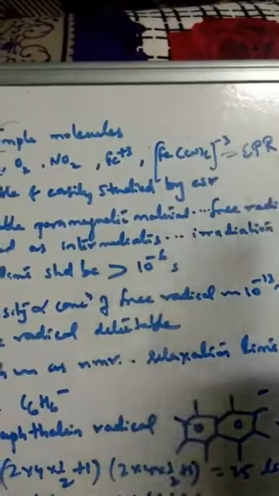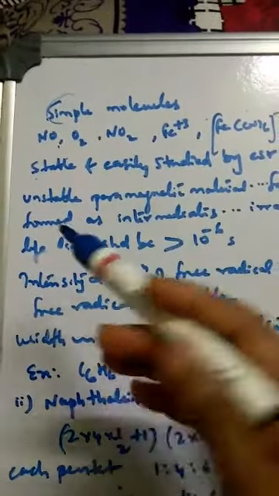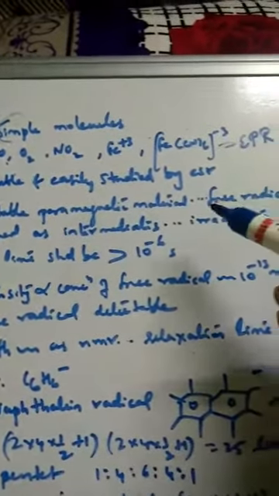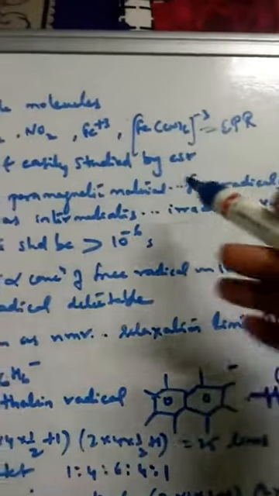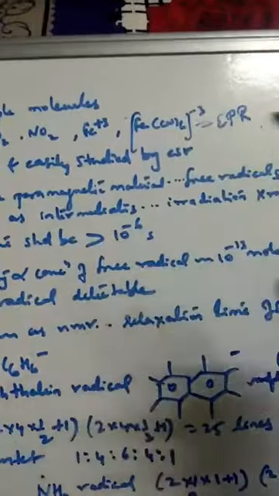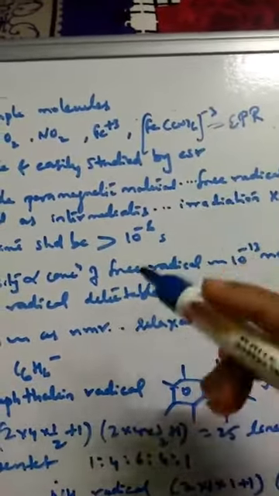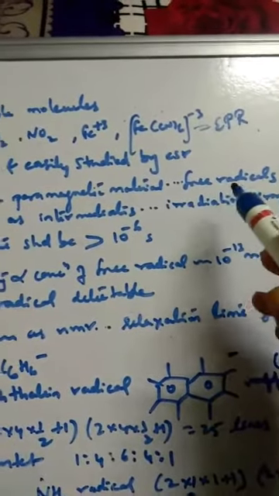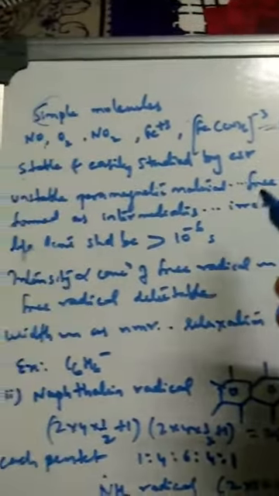In the form of peaks, we can see how many lines. Some unstable paramagnetic materials, like free radicals, are unstable and are created in intermediate steps, or sometimes by bombarding with X-ray radiation or nuclear radiation.